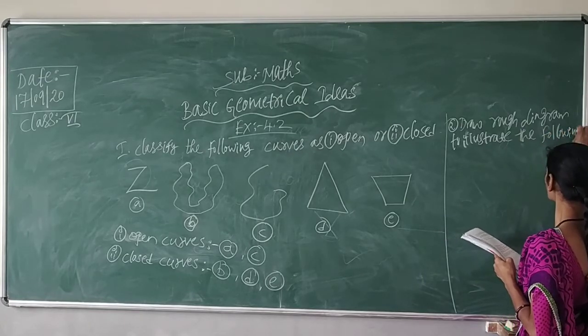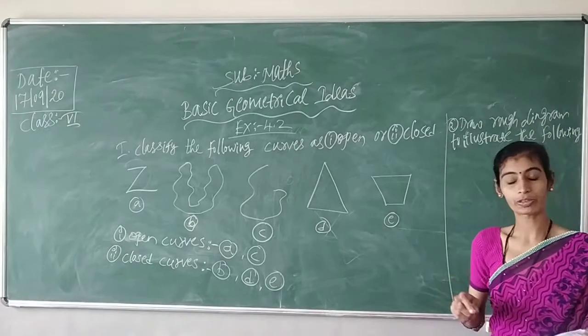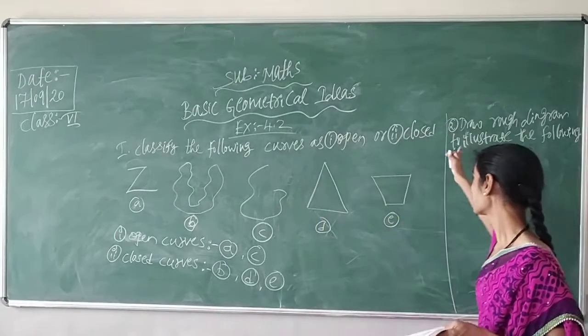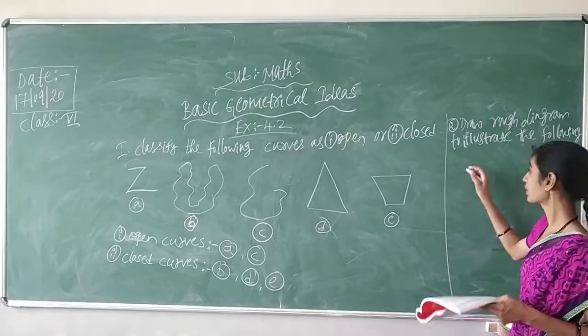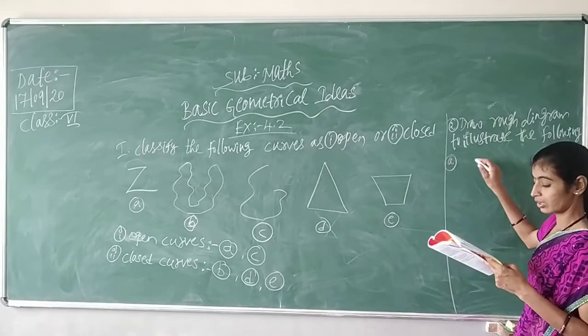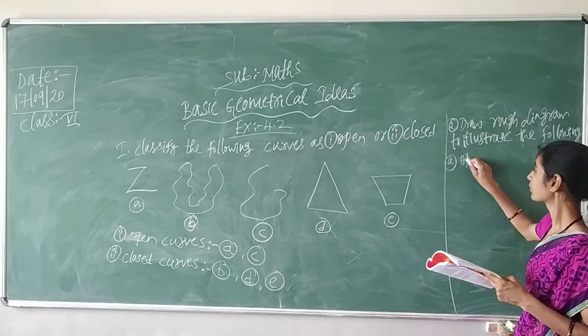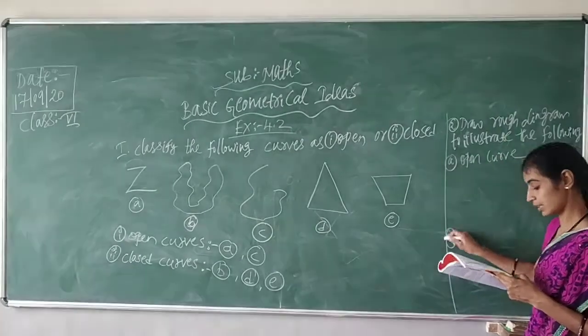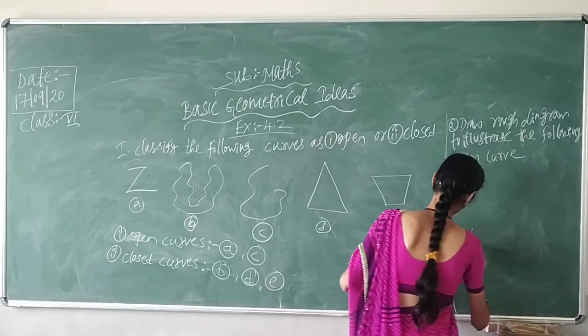These questions, children, you can refer to in the textbook on page number 78. You will be getting these questions. Okay. So in that, A bit is open curve and B bit is closed curve.